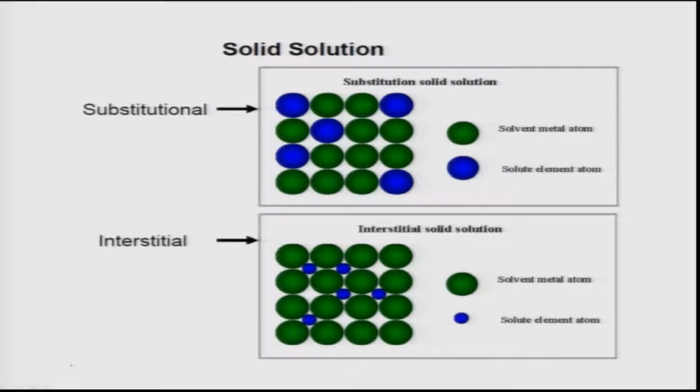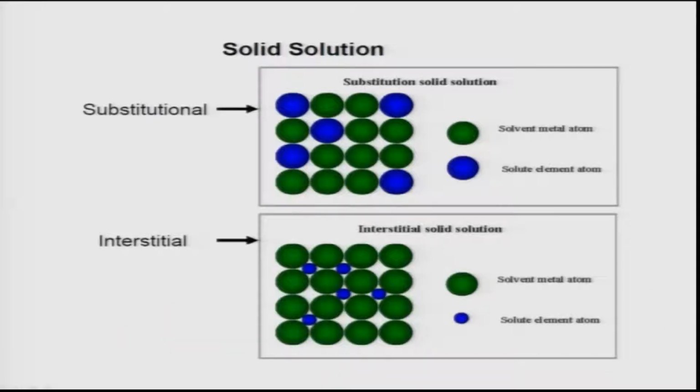Substitutional solid solution means we can replace the atoms of a lattice, or sitting in a crystal structure, by some other atoms. Like here in the first case, the green atoms are solvent atoms, just like in a liquid solution, and the blue atoms are known as solute atoms.